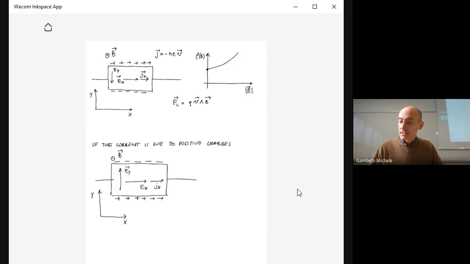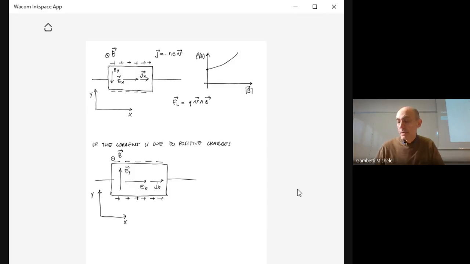So now the idea is to try to answer these two questions. First question is, does the resistivity change according to V? Second question is, what is the sign of the voltage, or what is the orientation of EY? According to those two answers, we may decide whether both are in favor of the experimental result or not.